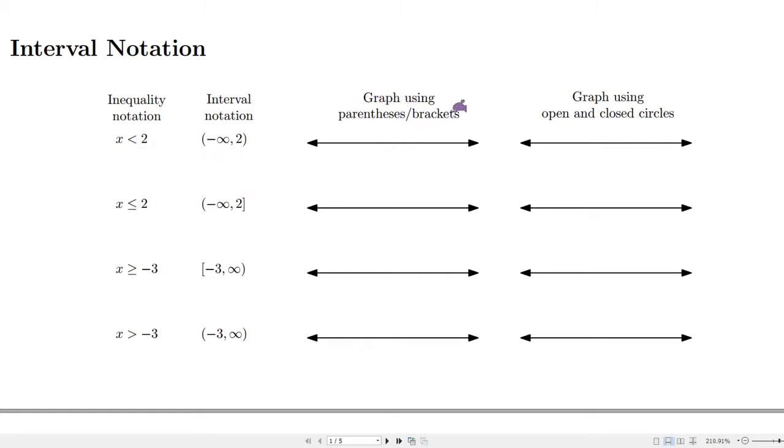And then the graph, we could do this 2 ways actually. We could graph it using parentheses and brackets. So we're kind of following from the interval notation here. So if we write 2, then using parentheses, I could put my open parenthesis here, and then we can fill in this part of the graph.